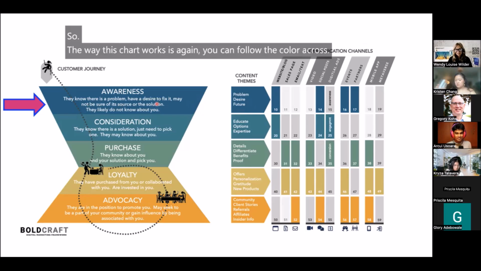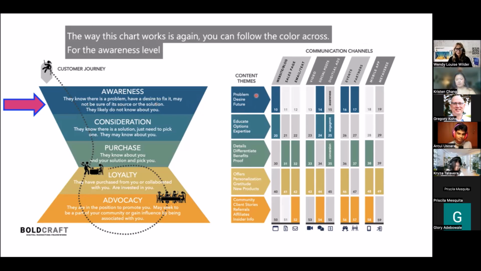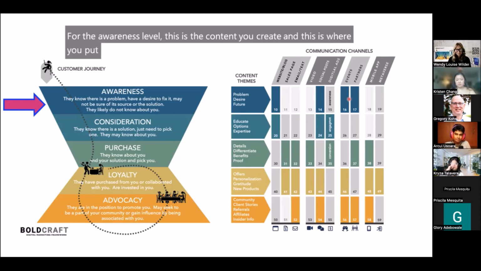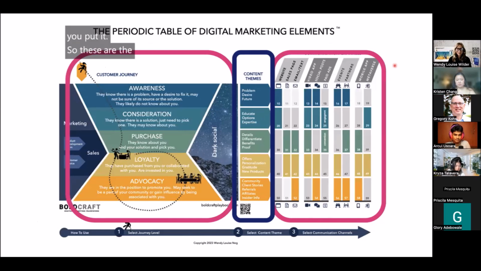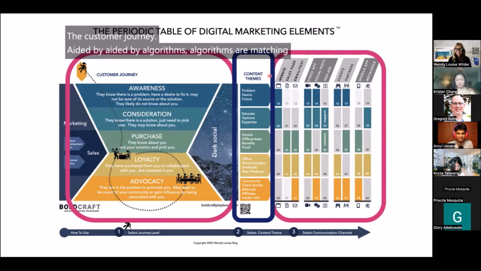For the awareness level, this is the content you create, and this is where you put it. So these are the three main sections of the chart. We have the customer journey, aided by algorithms. Algorithms are matching content on these channels to your customer.